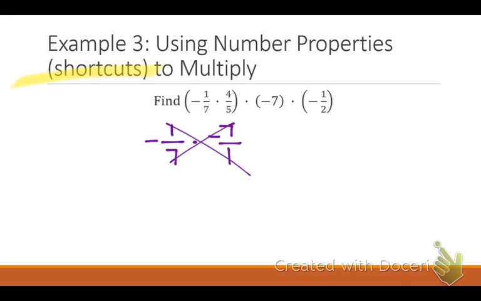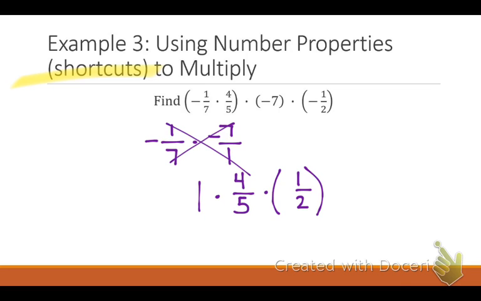It canceled, right? That becomes a 1. Now all I'm left with is 4/5 times negative 1/2. And remember, we're not worried about the signs because we can go back to the original problem and count our signs. So it's just 4/5 times 1/2.